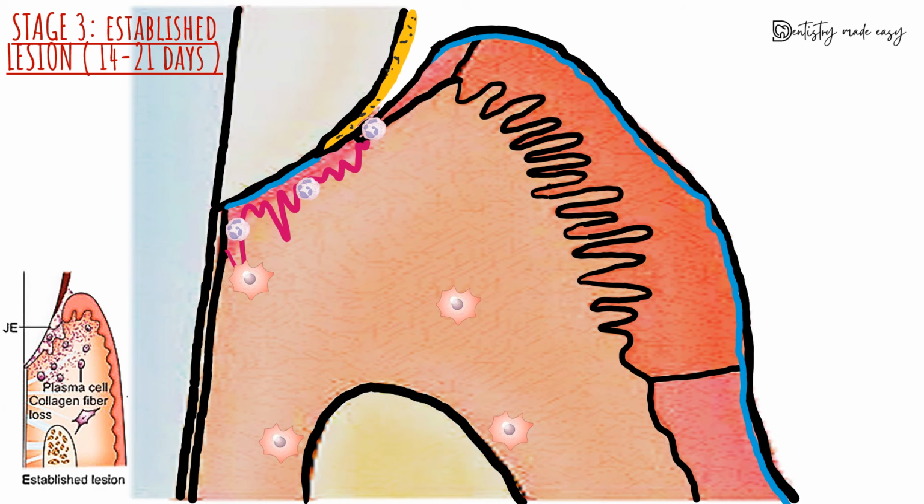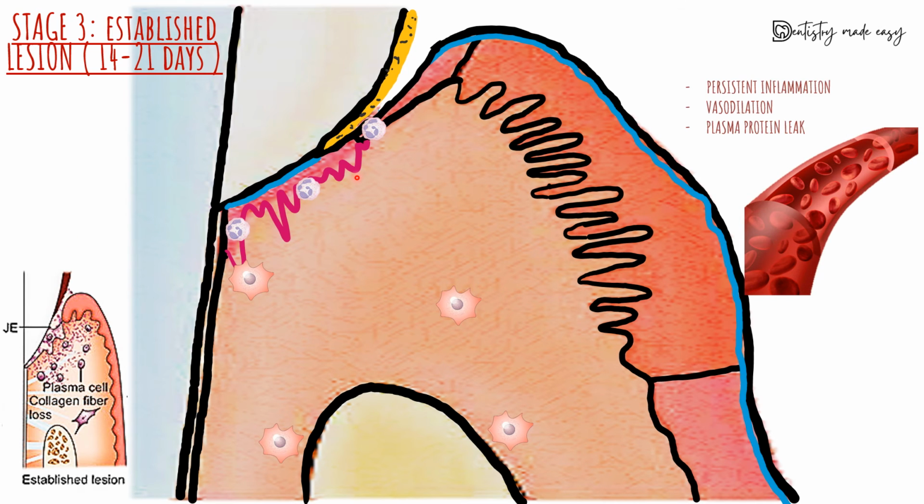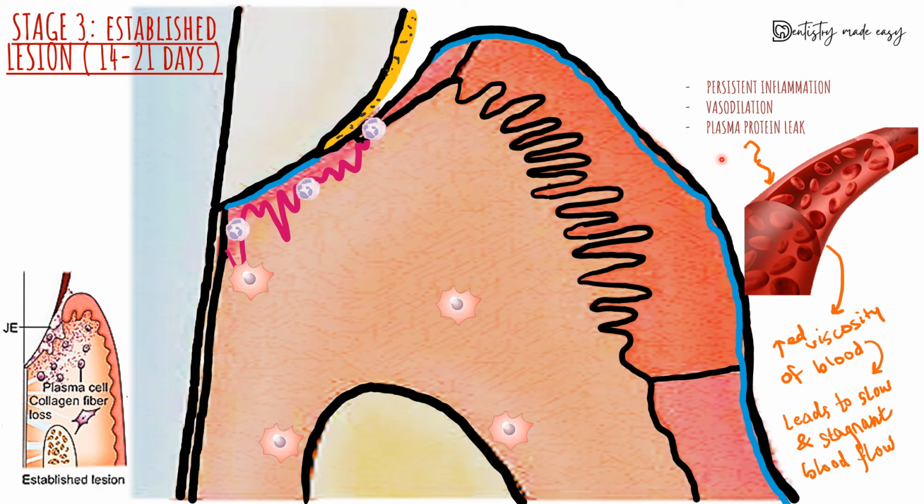So stage 2 will progress into stage 3, which is known as the established lesion, which occurs 14 to 21 days after the plaque accumulation. Till now, what we have seen is persistent inflammation, vasodilation, and plasma protein leak, and because of all of these changes, the viscosity of blood is increased.